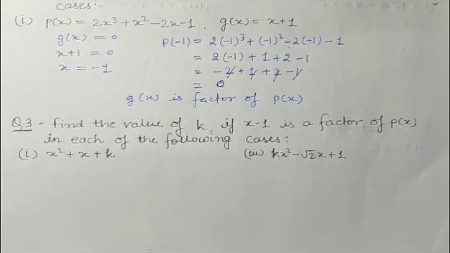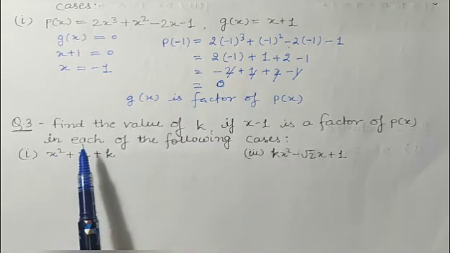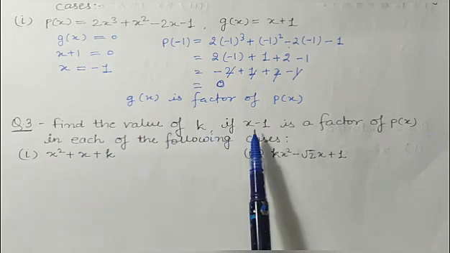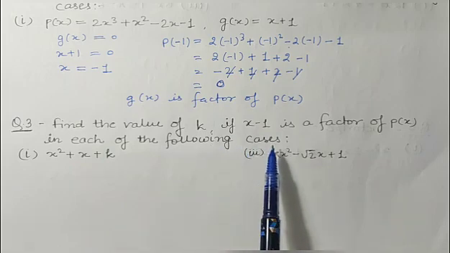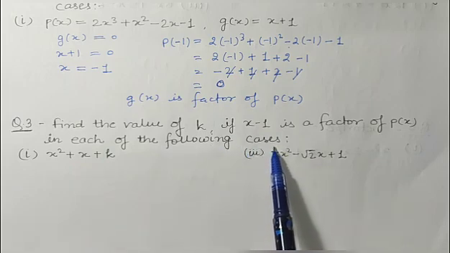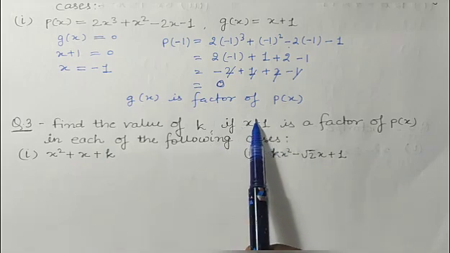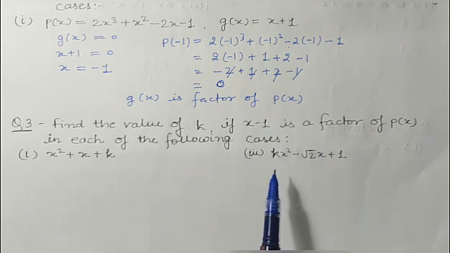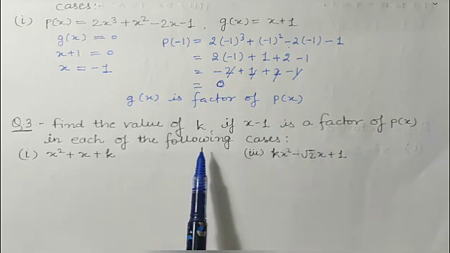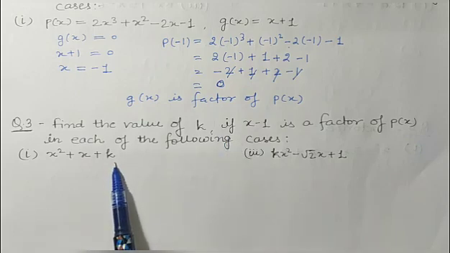Now coming to the next question, students. Question number 3 is, find the value of k if x minus 1 is a factor of p(x) in each of the following cases. Means here it is given that x minus 1 is already a factor of these polynomials, and we have to find the value of k.